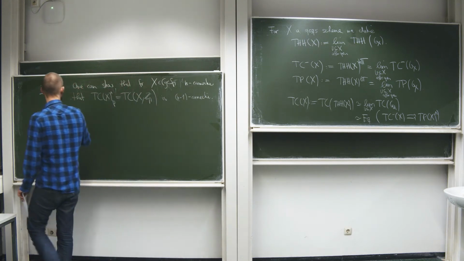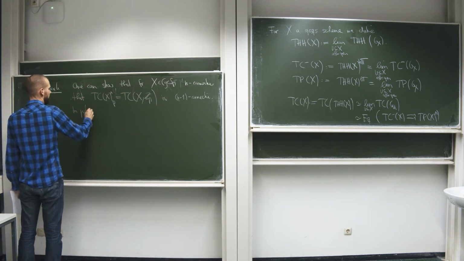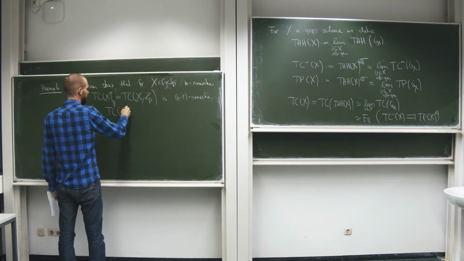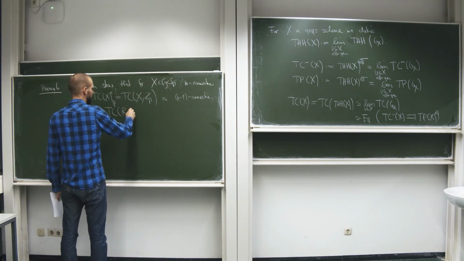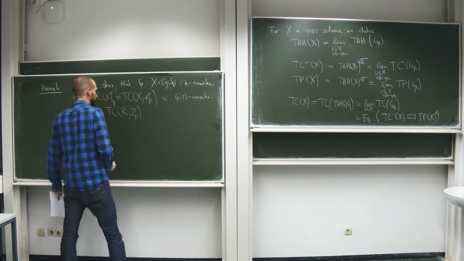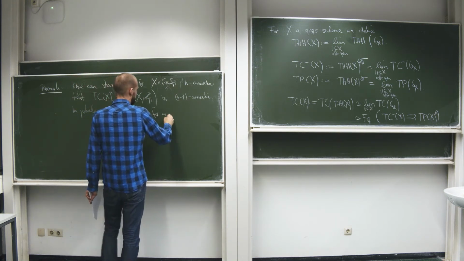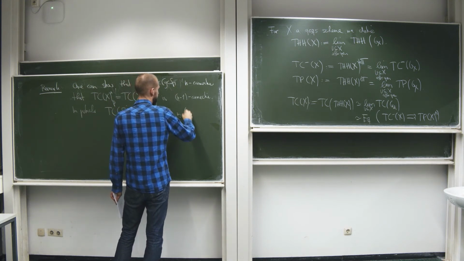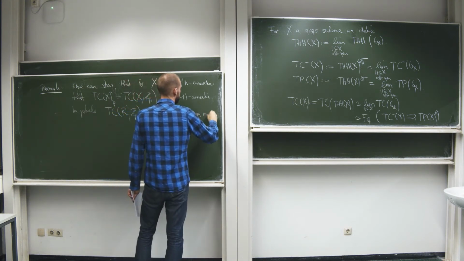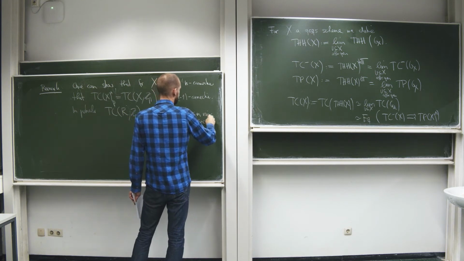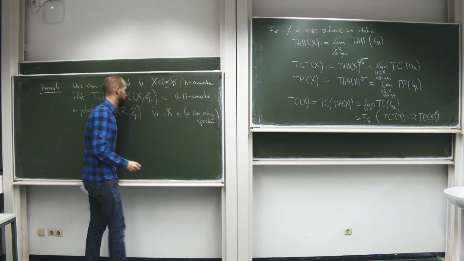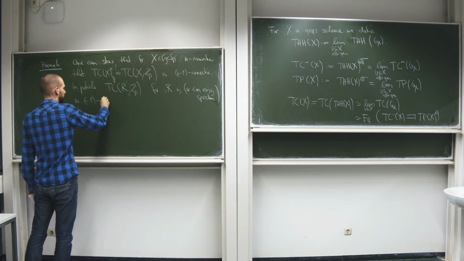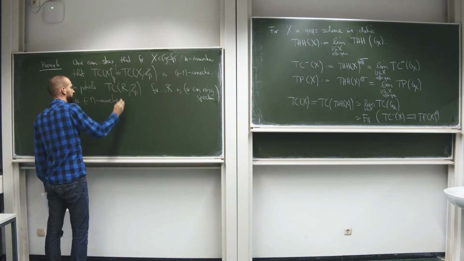In particular, TC of a ring R, or connective ring spectrum, is (-1)-connective. So it's not quite connective.